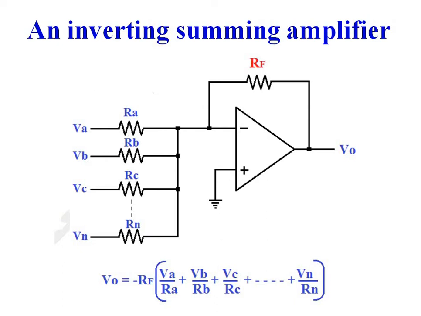Output voltage V0 is equal to minus RF into (VA by RA plus VB by RB plus VC by RC plus ... plus Vn by Rn).